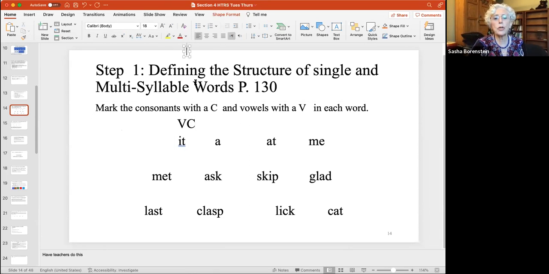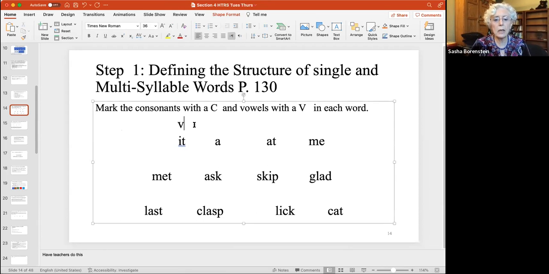Okay? So will you please do that for each of these words? And when you finish that, just put a thumb up so I know that you've done it. And what I want you to be doing once you finish or while you're doing is to say, is there a pattern here? What's the same? What's different? So take a few minutes and do that, please.